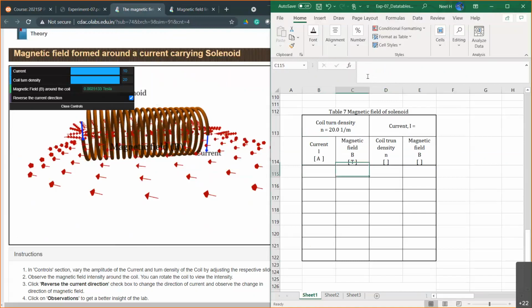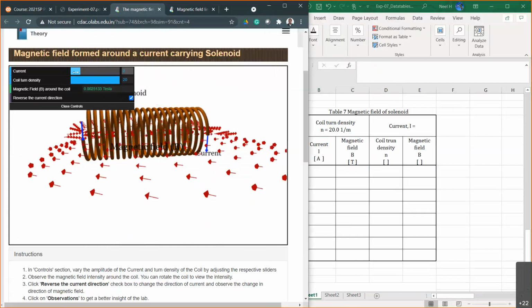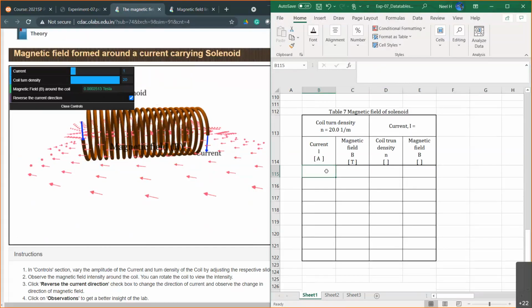And then let's take a look. Current will start from the minimum value, maybe like 1 amp. Okay. And then we'll slowly increase. Okay. 1, 2, and then so on. We'll increase all the way to 5, 6, 7, 8. Okay, 8 amps. We'll add 1 decimal place for that also.